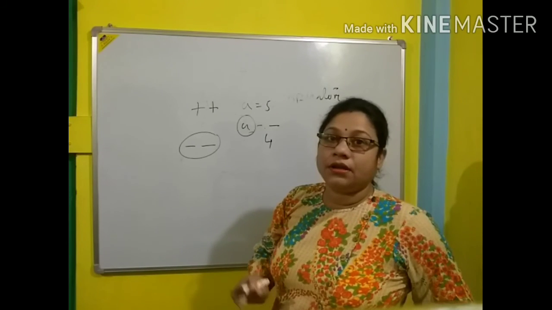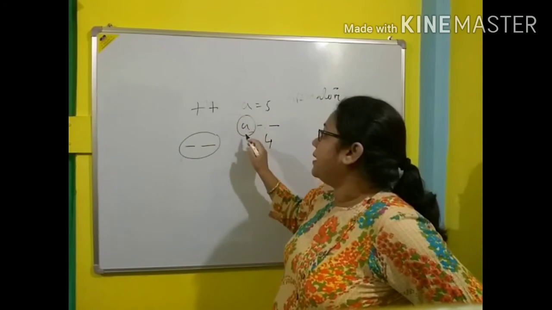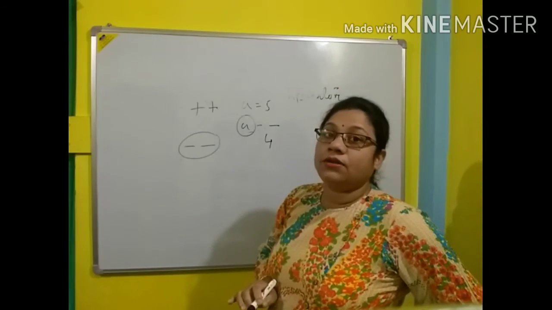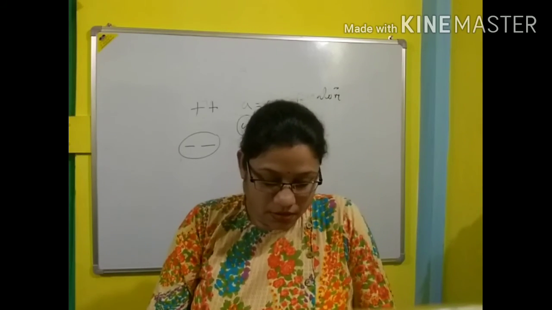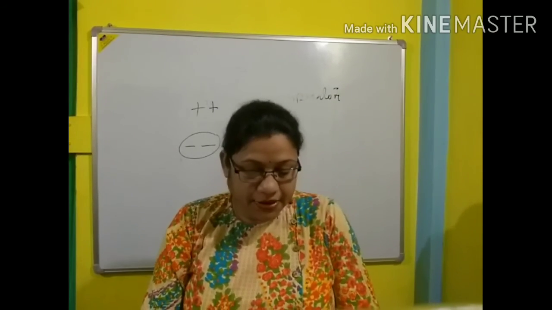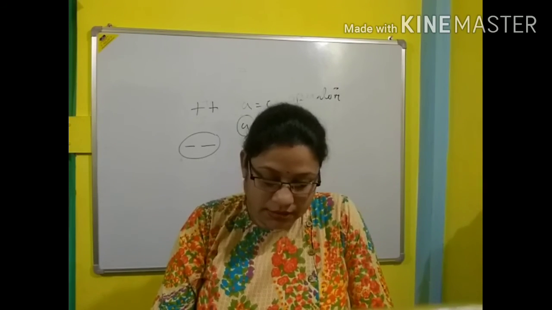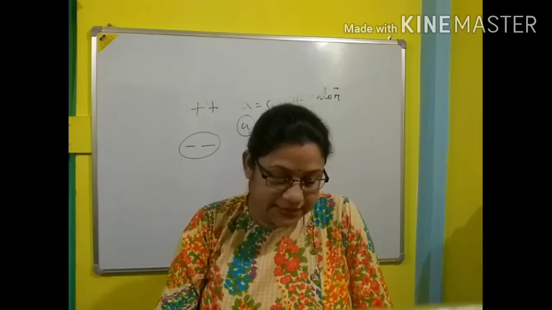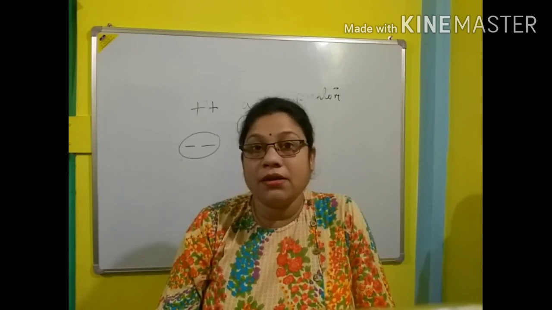Binary operators use two operands, but this operator uses only one operand. So this is known as a unary operator. The increment operator increases the value stored in a variable by 1. The decrement operator decreases the value stored in a variable by 1.